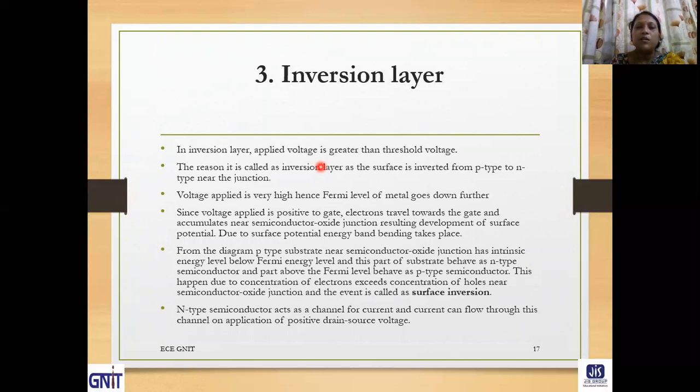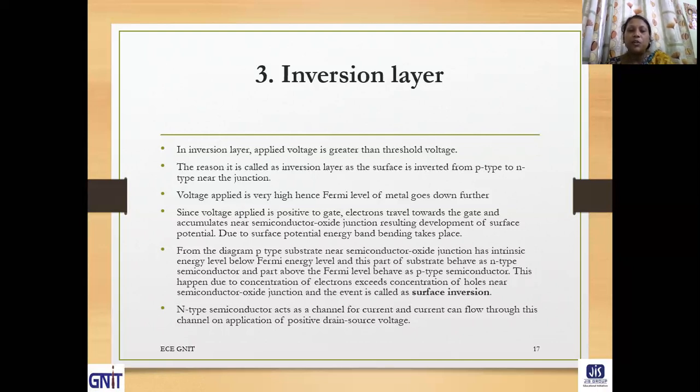The reason it is called inversion layer is that the surface is inverted from P-type to N-type near the junction. Voltage applied is very high, hence Fermi level of metal goes down further. Since voltage applied is positive to gate, electrons travel towards the gate and accumulate near semiconductor oxide junction, resulting in development of surface potential.